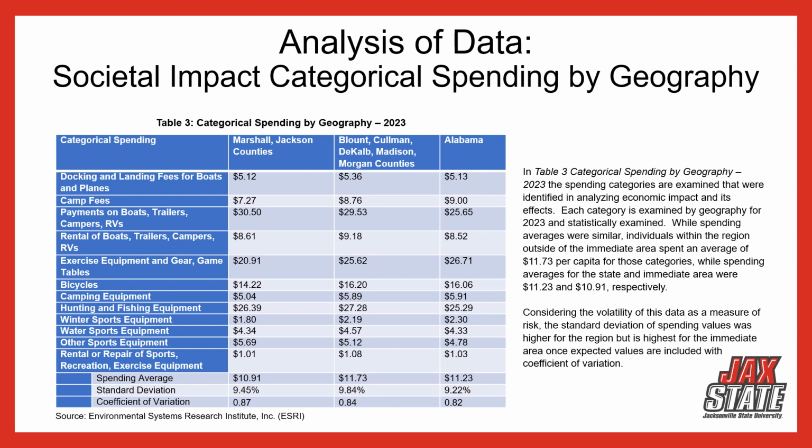Then we looked at standard deviation, and we saw the standard deviation is higher. And when we looked at the coefficient of variation, which takes into consideration the spending average, we see that Marshall and Jackson has a higher coefficient of variation. So that's showing more risk here. That's what that measure shows.